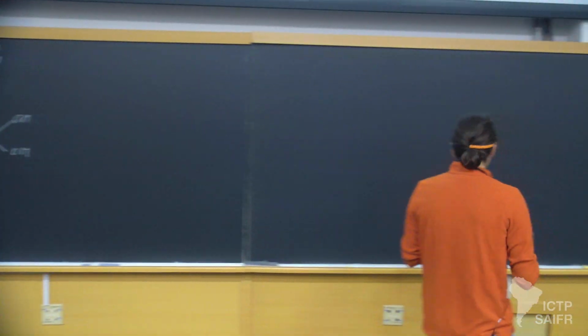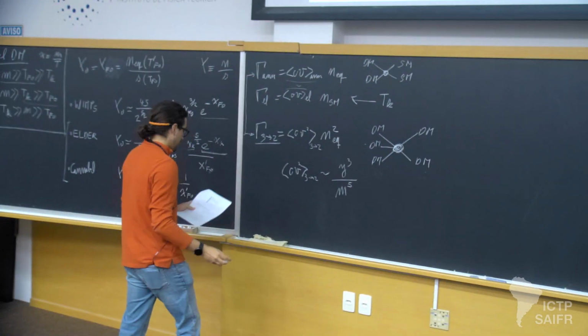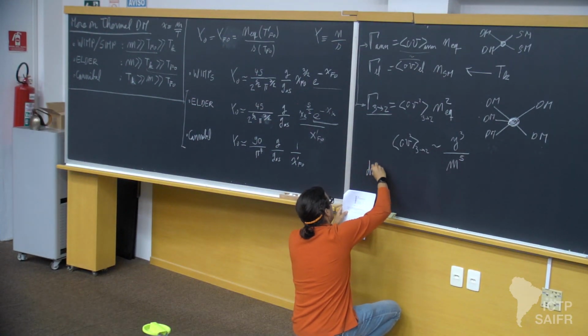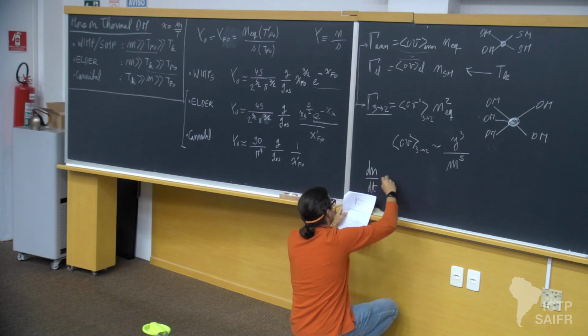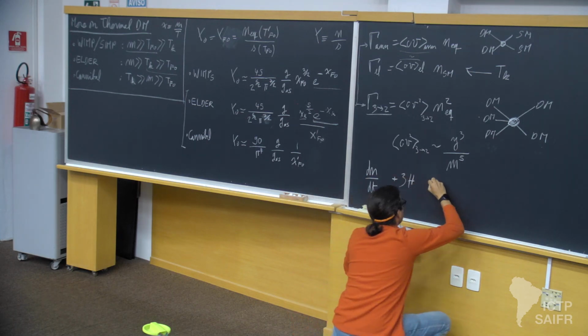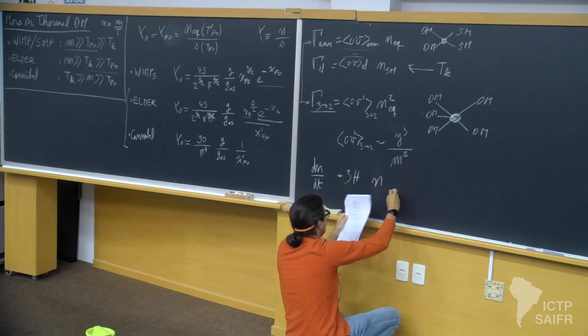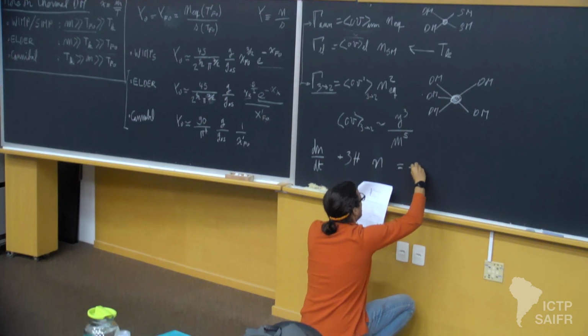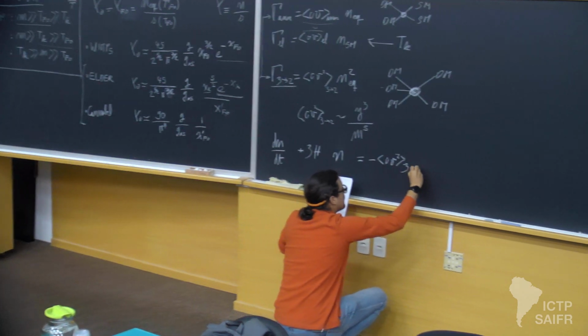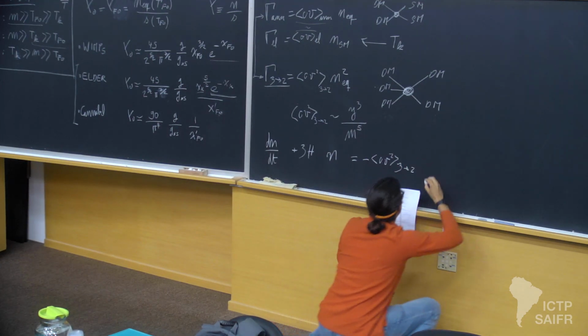And the Boltzmann equation that you have to solve now, I will write it here, has exactly the same structure. So dn/dt plus 3Hn, this universal factor, minus sigma v 3 to 2.